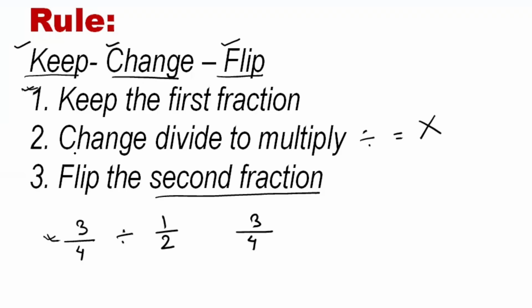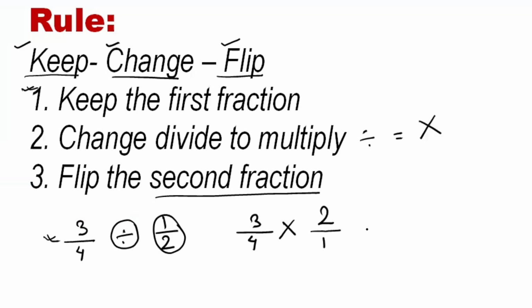Then step 2 says change divide to multiply. This divide sign we change into the times sign, the multiply sign. Then it says flip the second fraction. Then if you flip it, the 2 will go up and the 1 will go down.